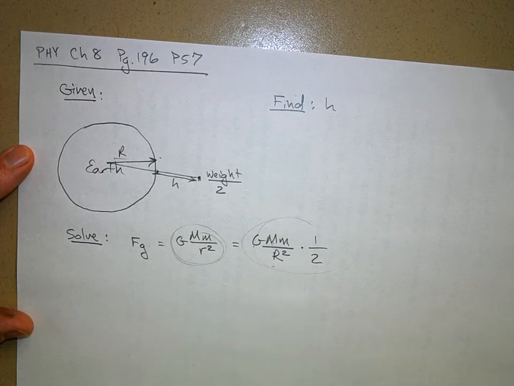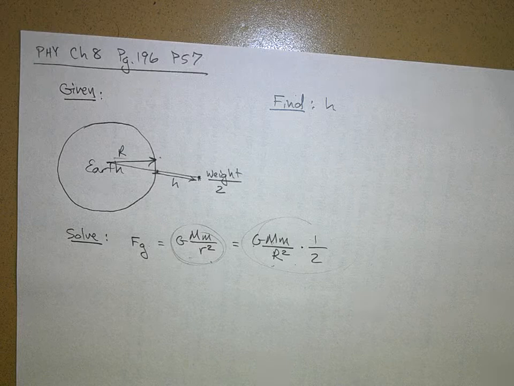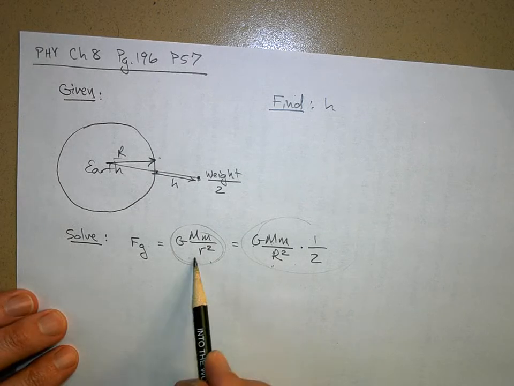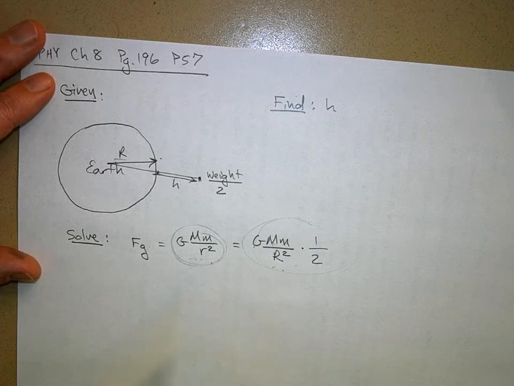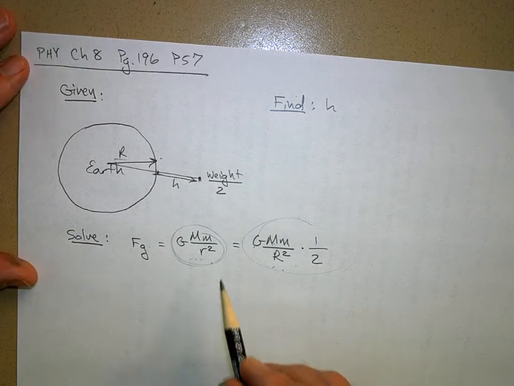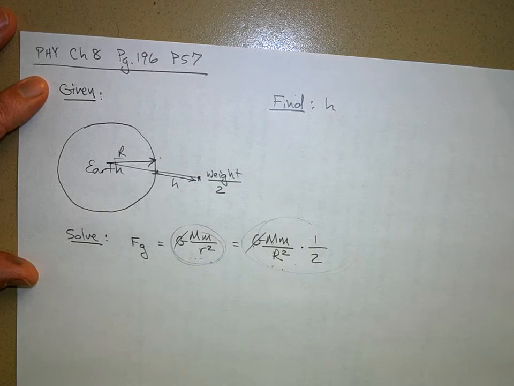That's what that represents. Now the nice thing about setting it up like this as an equality is that almost everything cancels out, doesn't it? Do you see that? I mean, this equals this. Now what are we going to solve for? Well, we're going to solve for r, little r. Well, we don't need to know the gravitational constant.